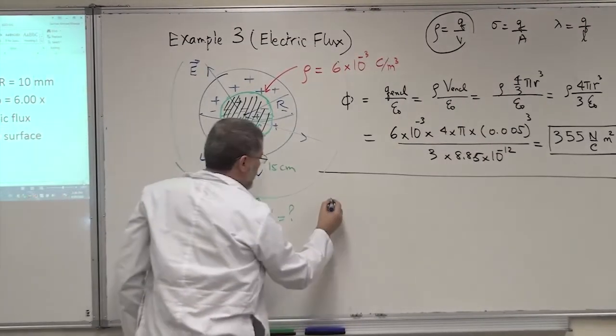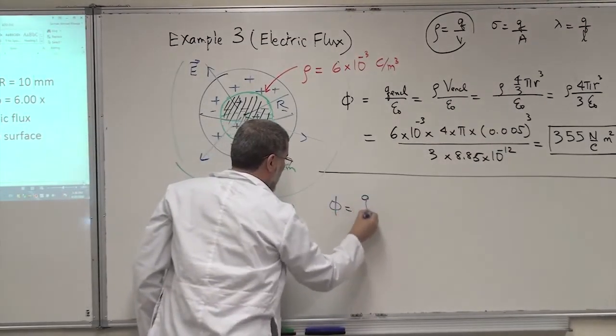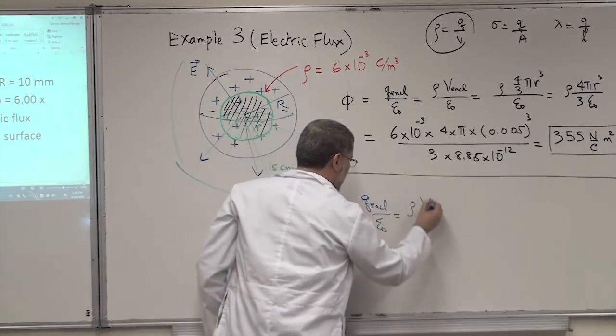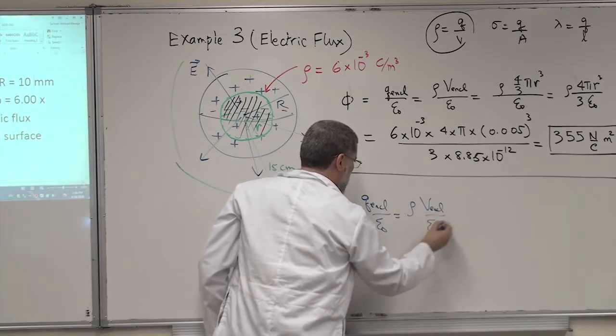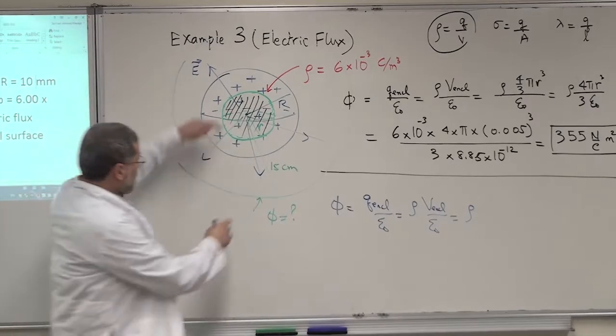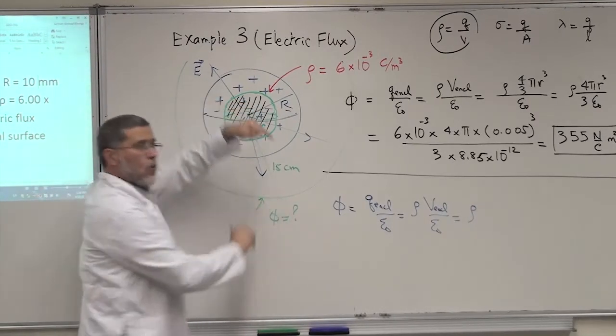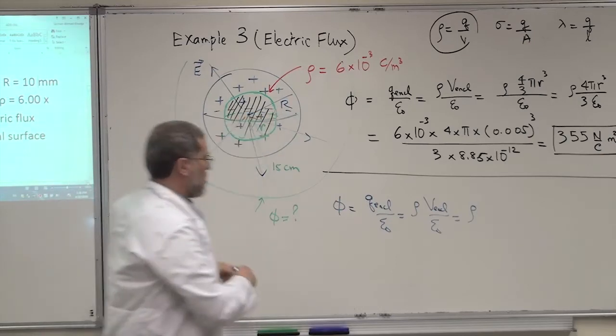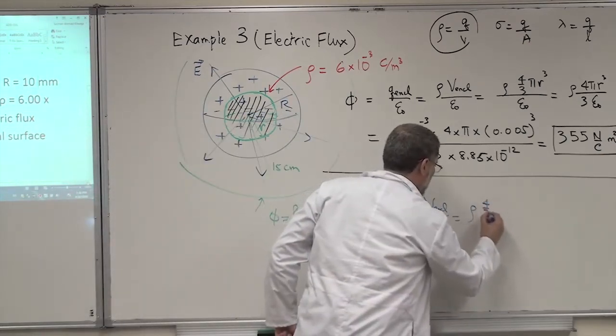So here the flux will be, again, Q enclosed over epsilon 0, rho times V enclosed over epsilon 0. What is the volume enclosed where there is a charge? Do you take this radius here, 15 centimeters? No, you take the radius where the charge is, which is the capital R, the radius of the charge sphere.